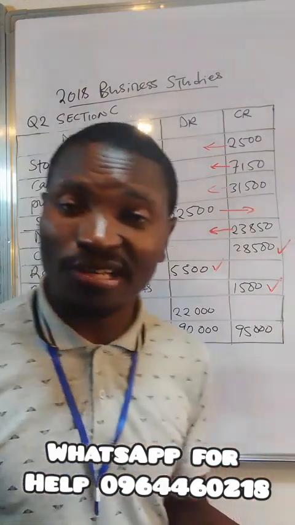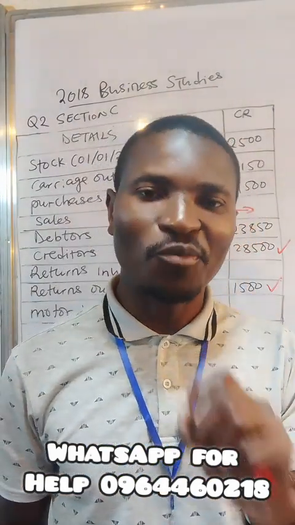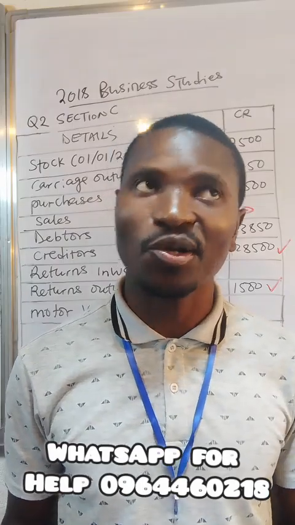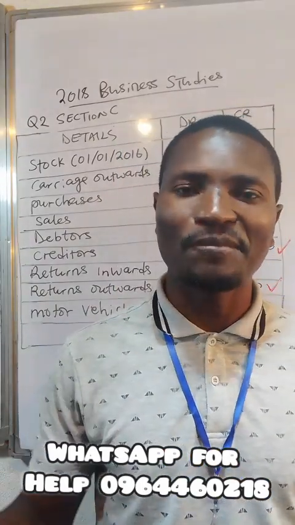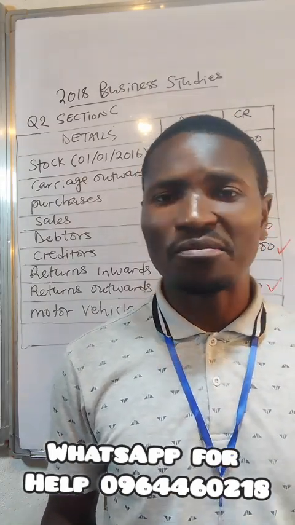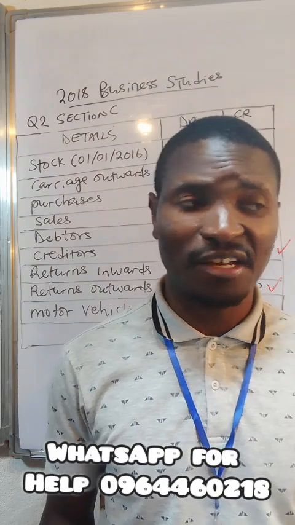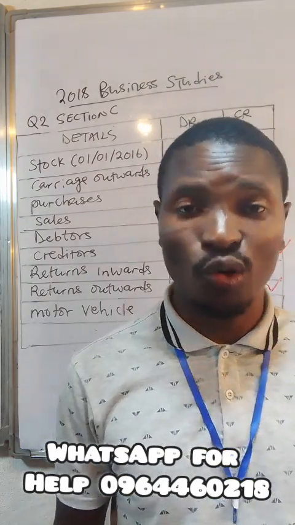And then now motor vehicle. Each one of us, if you're watching this, probably knows this one. So motor vehicle, this is an asset, okay. Your business might be big, and probably you might be providing transportation, or going to source for other stocks.